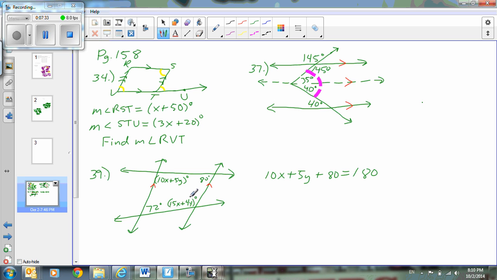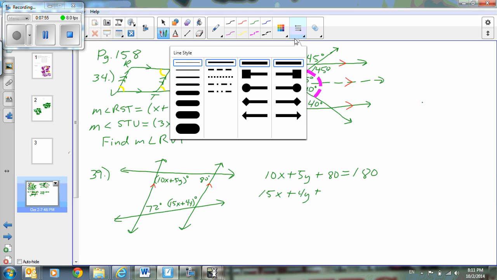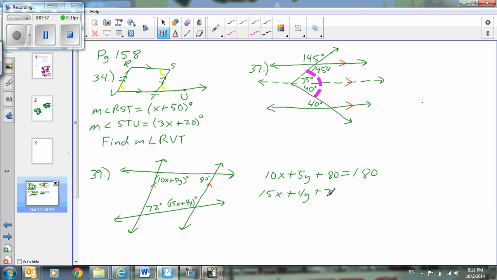So that means that 15x plus 4y plus 72 degrees totals 180 degrees. All right, so I think you can see what you need to do from here.